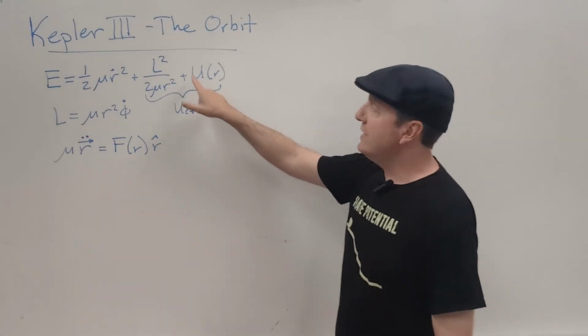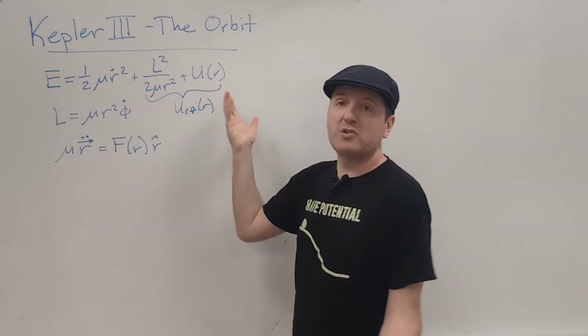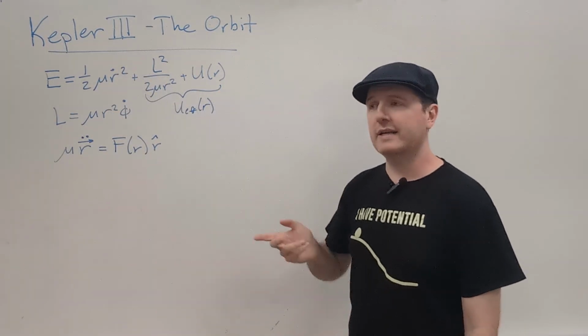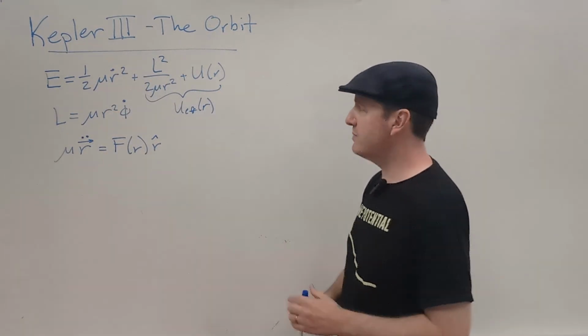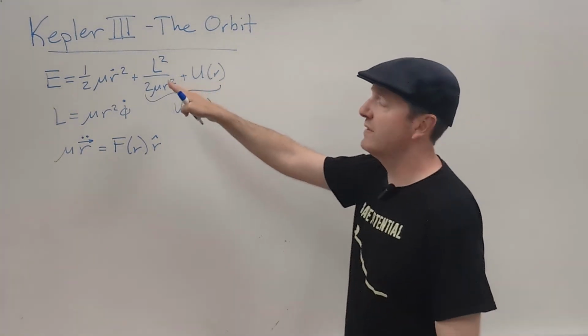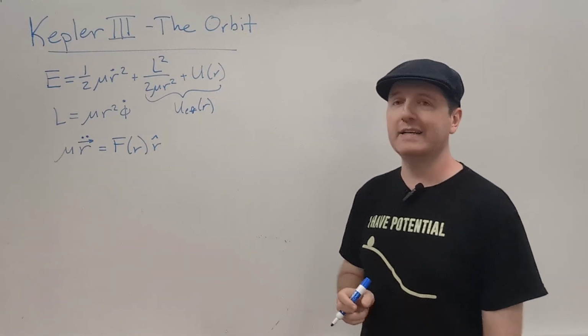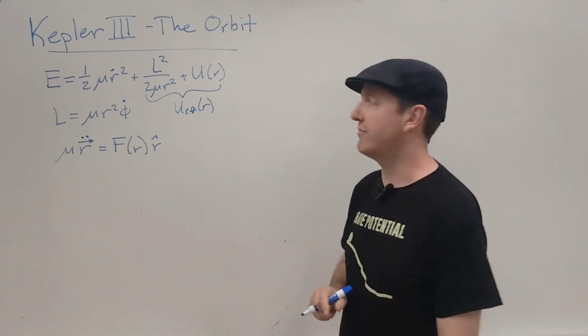Okay, this, however, is a first-order differential equation for R. Please note, remember that the R dot is a time derivative. So in principle, there's no problem with just solving this equation for R dot and integrating to get what R is as a function of t. So let's do that first.